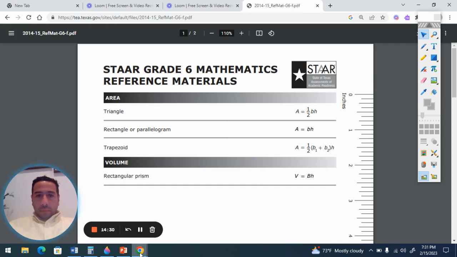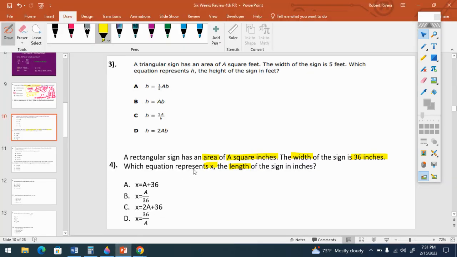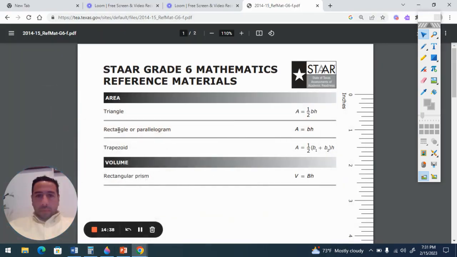Since they want the area of a rectangular, you see rectangular sign, I need to use this formula. Rectangle, they want the area, so I'm going to use this one. A equals base times height.